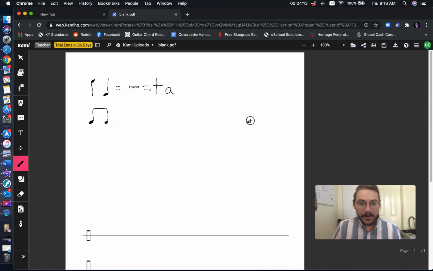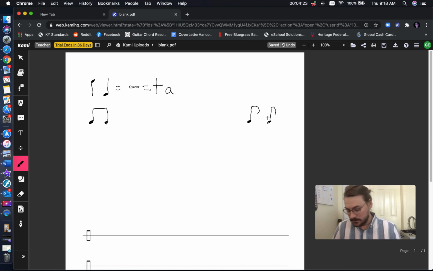Let me show you what happens over here. We have an eighth note. It's all by itself. We have another eighth note. It's all by itself. They're like, hey, little eighth note, do you want to be friends? Yeah, I want to be friends. And then what they do, like you did in elementary school, is decide to hold hands.